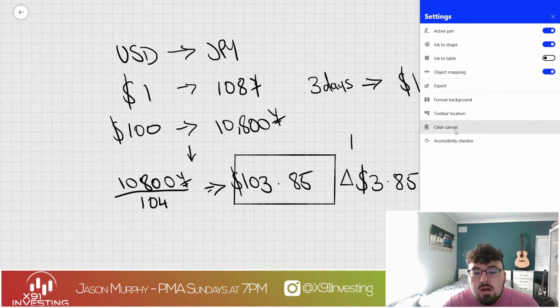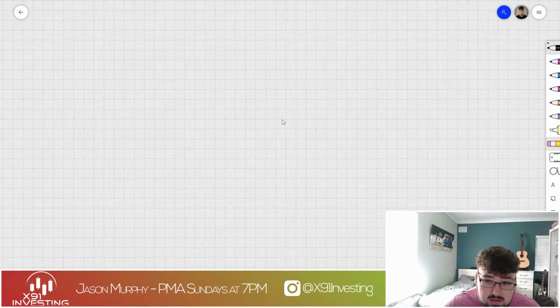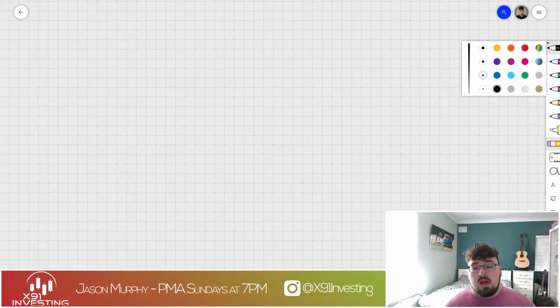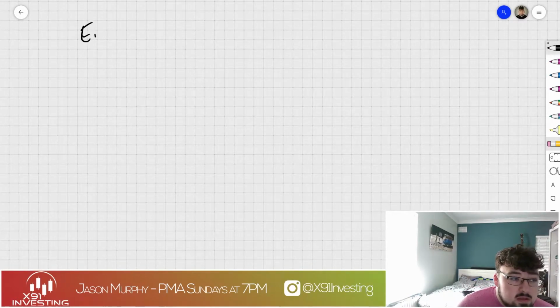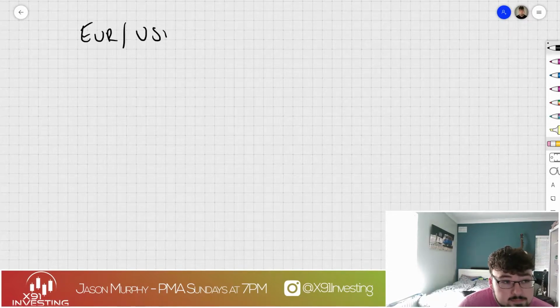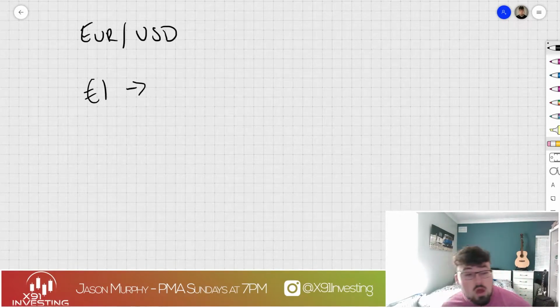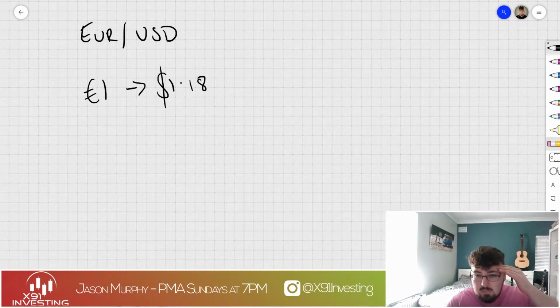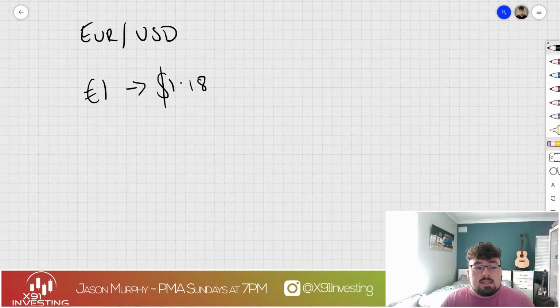For another example, a more relevant one to me, the most traded currency pair in the world is the euro dollar, the EUR USD. €1 gets us right now, at this point in time, just rounded, $1.18. This is more what we'd be looking at. The dollar yen is a little bit more obvious with the huge difference, $1 is 108.